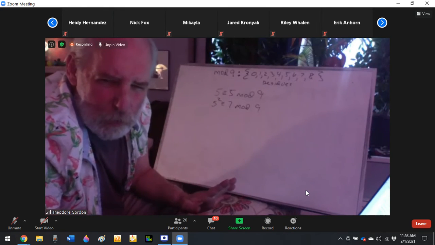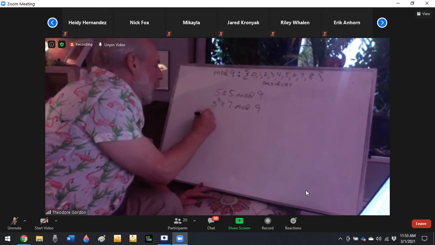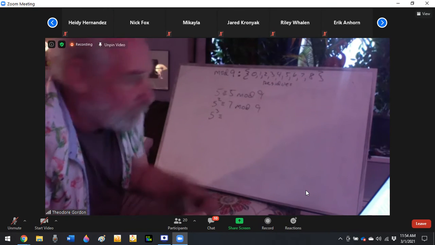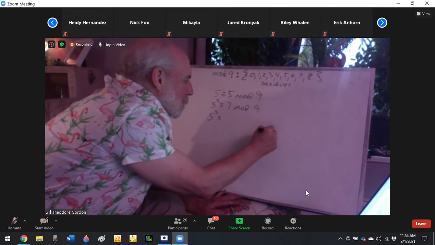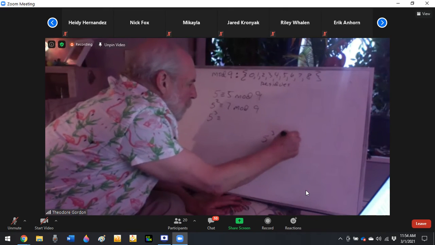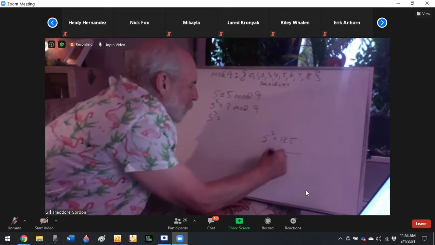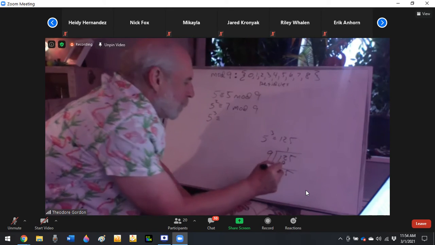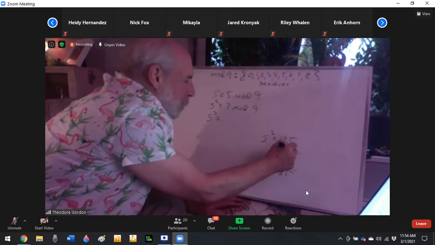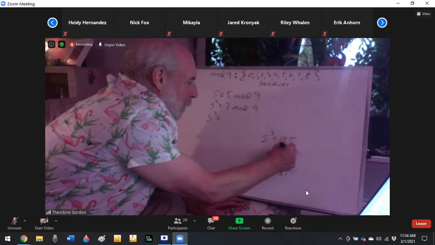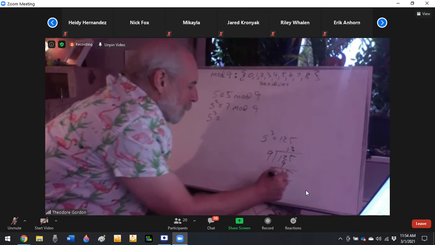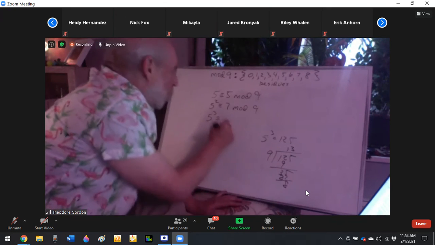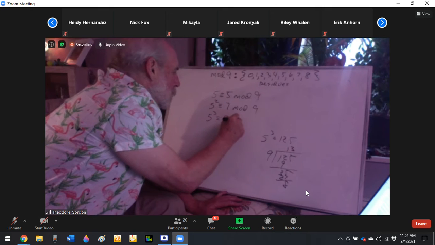I think I did that arithmetic correctly. 5 cubed is 125. If we do 9 into 125, that's 9, that's 35. 9 goes into 35 3 times, that's 27. So 8. That would be 8 mod 9.